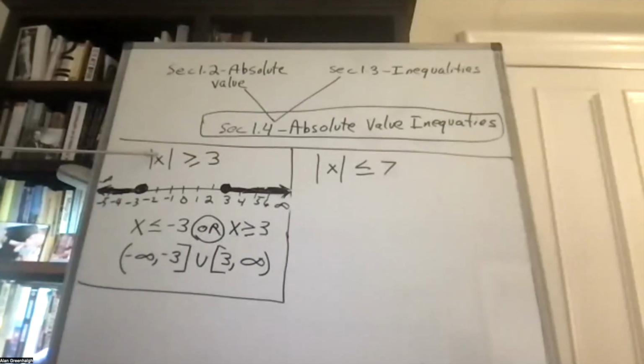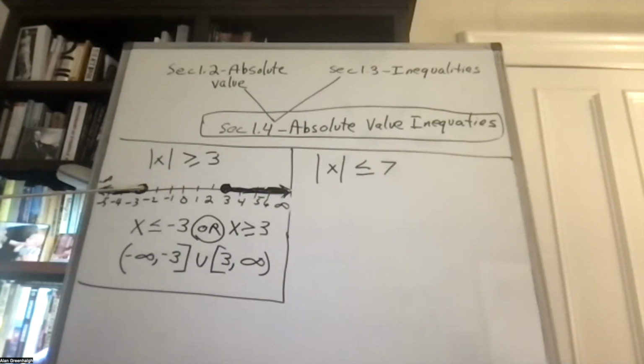The absolute value of +5 is greater than 3. It appears that one part of the solution will be from 3 going all the way out to infinity, and going in the other direction. And then, if you took points in the middle, it's not going to work because 2 is not greater than 3, 1 is not greater than 3, 0 is not greater than 3.